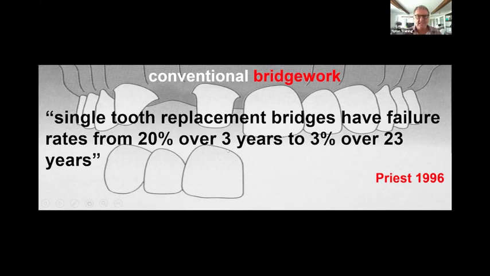So only an 80% success rate over 3 years versus 97% success rate over 23 years. And again, we would like to be in that realm of a 97% success rate over a 20-year period. And that is absolutely attainable if you understand bridge design, but only if you understand it thoroughly.